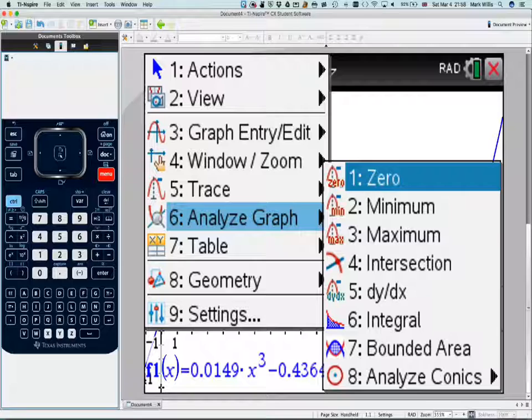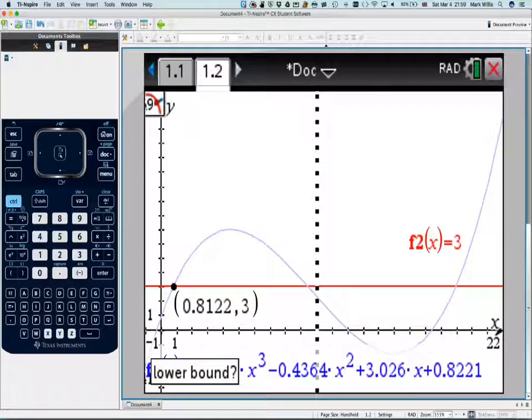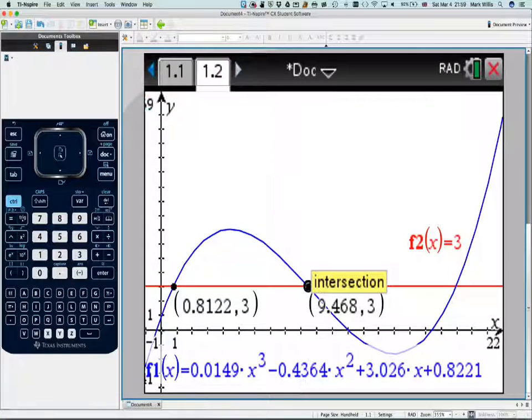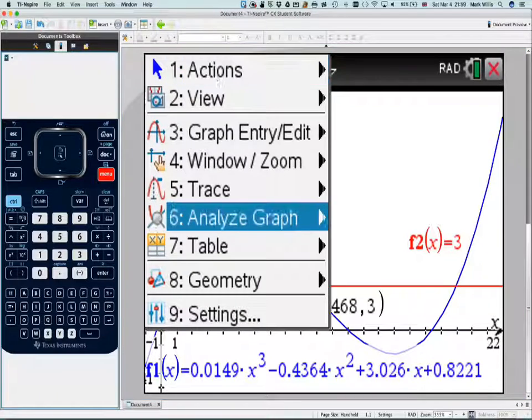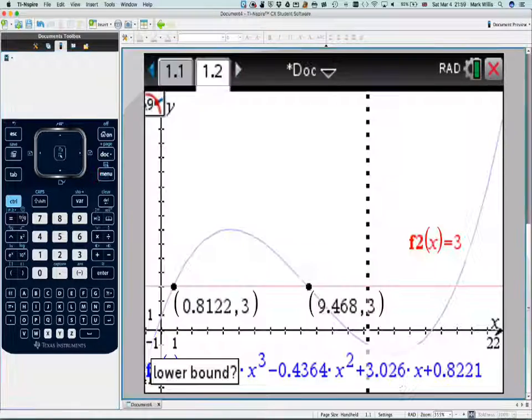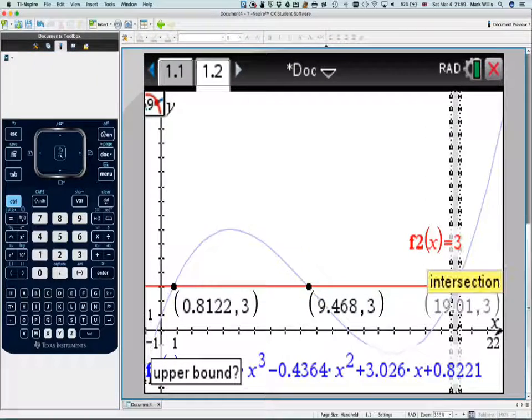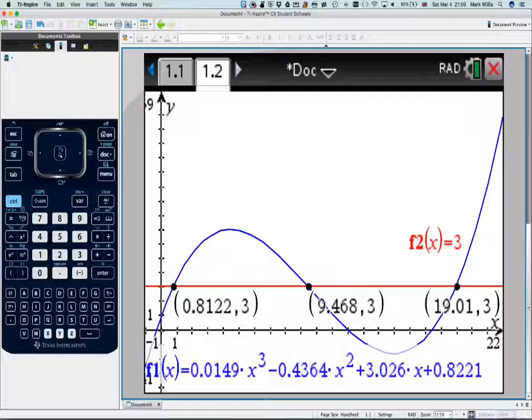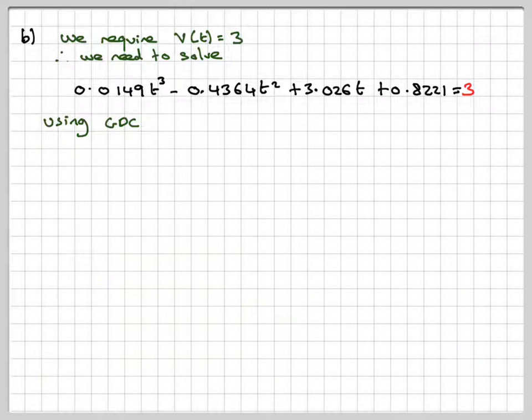I repeat this for each intersection. Okay, so I've got the 3 points of intersection. These are the times when the velocity was equal to 3. There are 3 times during the experiment.